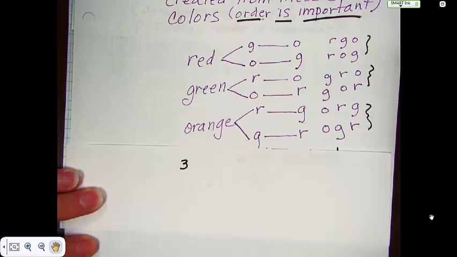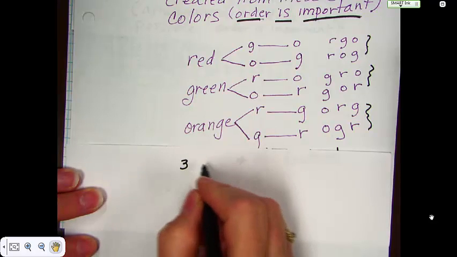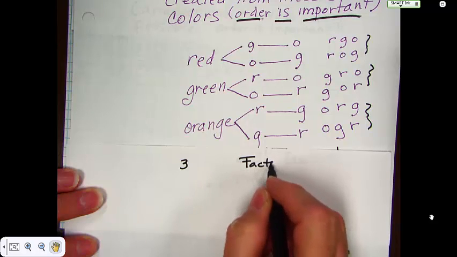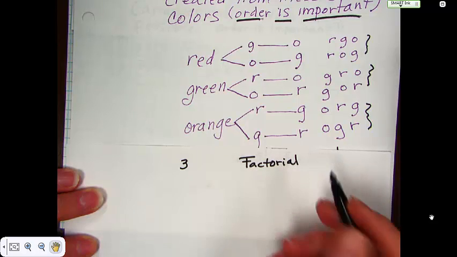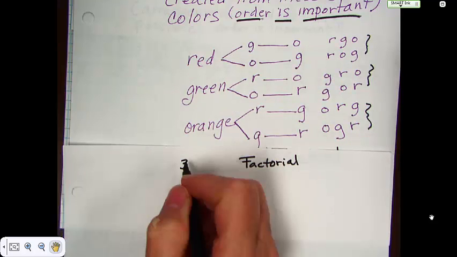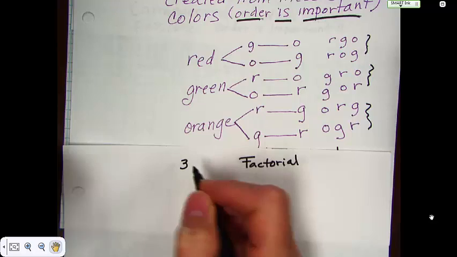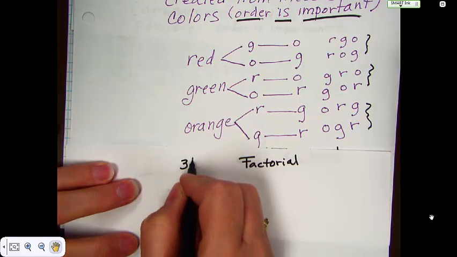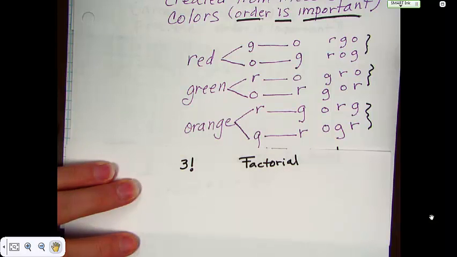To do that, we use something called factorial. Okay? And to get the total number of combinations, which we've already listed are 6, we would write this as 3 with a little exclamation mark right there. That's 3 factorial.